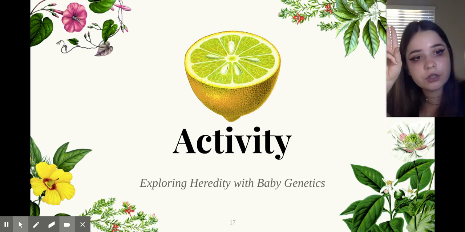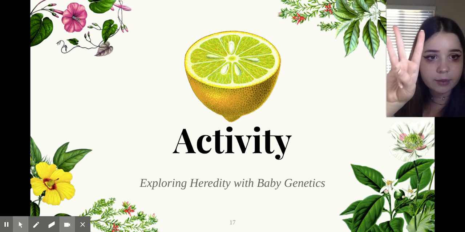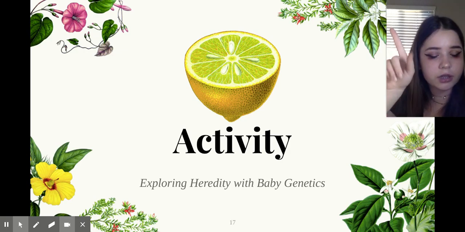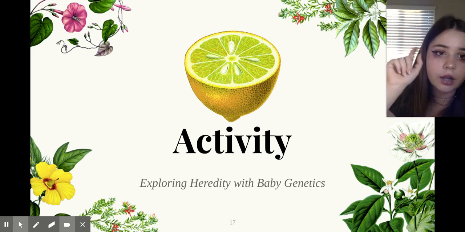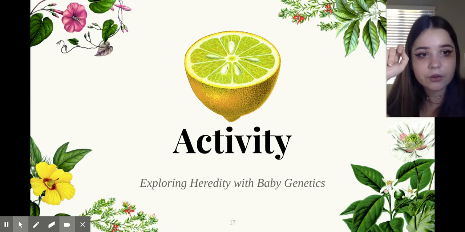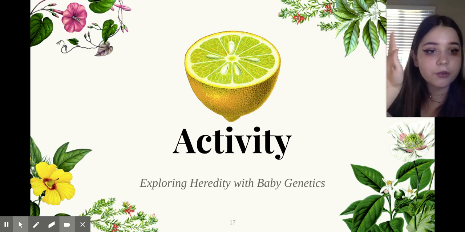So you're going to do a coin flip with your partner or by yourself three different times, and you'll record the result in a little table. The skin color is based on how many capital letters there are, because each allele represents pigmentation. That's what I need you guys to know, and that might be a little confusing, so I wanted to explain it to you.